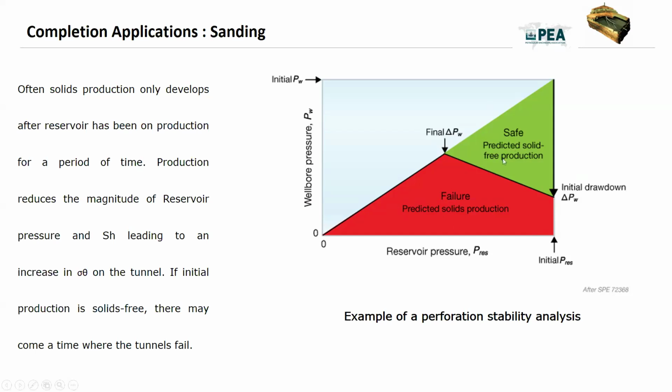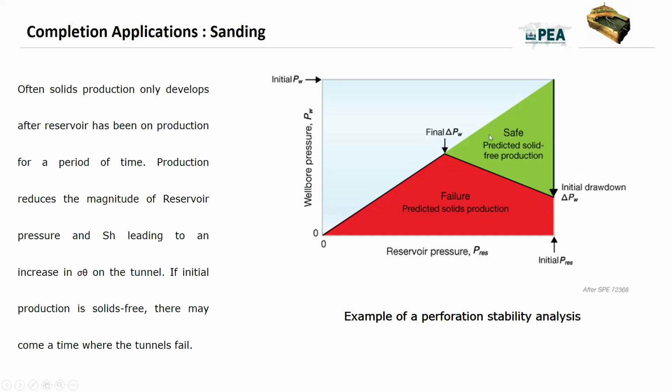Here it is schematically in this figure. The green shaded region represents the predicted maximum safe drawdown for solid production; after going out of this limit you can expect to get solid production. This is the initial reservoir pressure. Here we have the initial drawdown and also the final drawdown. If you are here in the reservoir, it means you are in a safe, predicted solid-free production, and you cannot expect to get solids.